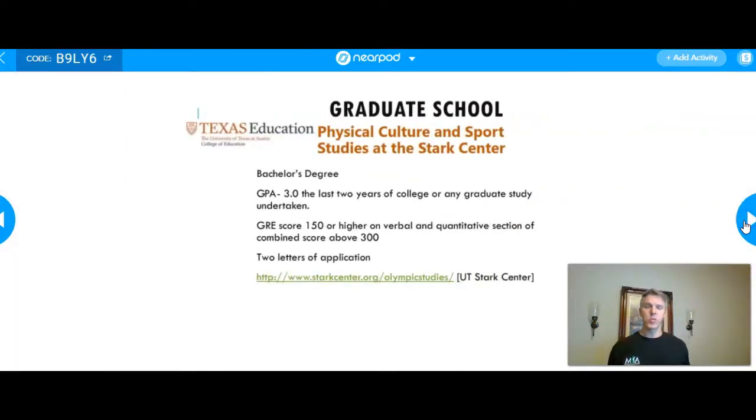For graduate school, if you want to be a sports sociologist and study sociology of sport, then you have to go for a master's or doctoral level degree. At the University of Texas, they have a master's degree, and what that requires is a bachelor's degree, a GPA of 3.0 for the last 2 years of college or your graduate studies.